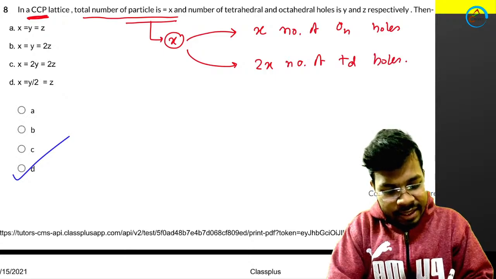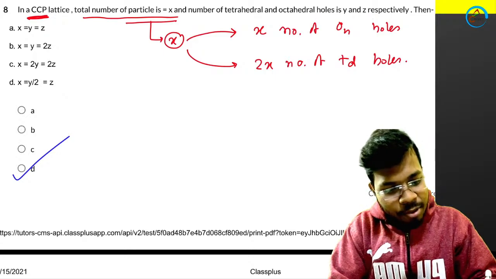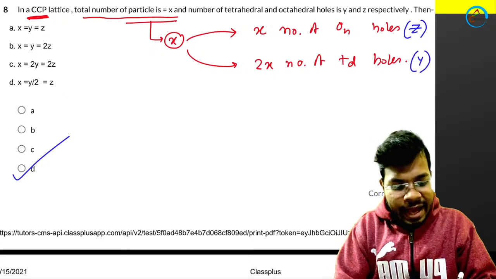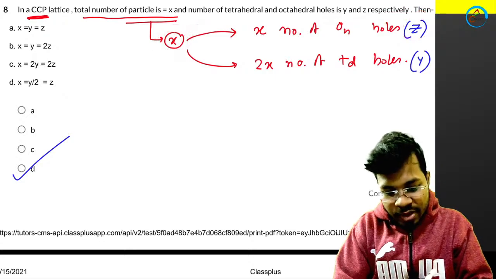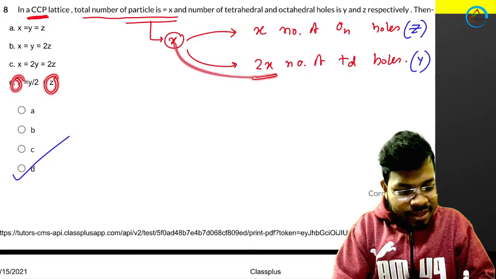Here the octahedral holes are given by Z and the tetrahedral holes by Y. Now correlate X and Z: they will be the same. But Y is actually 2X, so Y equals 2X.